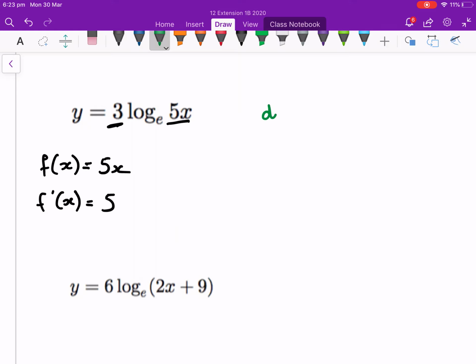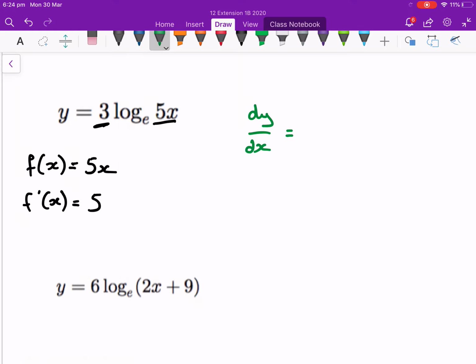So therefore, dy on dx is equal to 3 lots of f dash of x, so 5, over f of x, which is 5x. The 5's cancel with each other, and we're left with 3 over x.